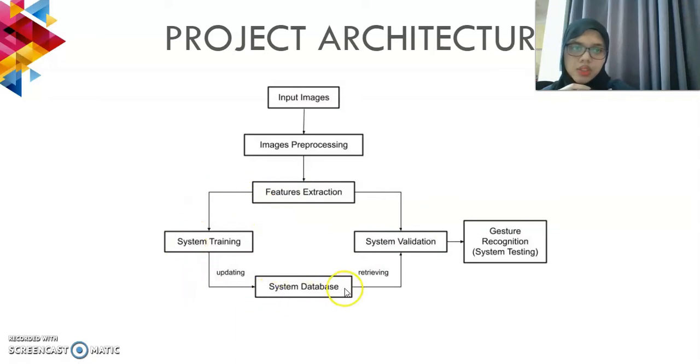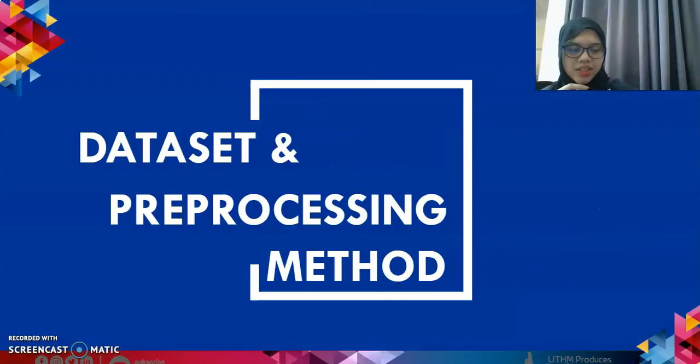The system will train, then go to the database, and then the system will validate the database, and it will loop for as long as it's stated in the system settings. After it has been trained, we will test the accuracy by using this gesture recognition system.